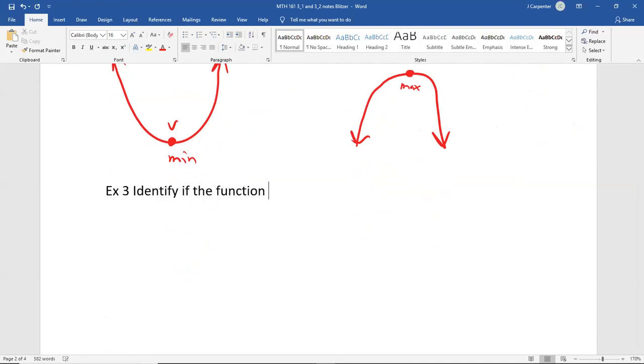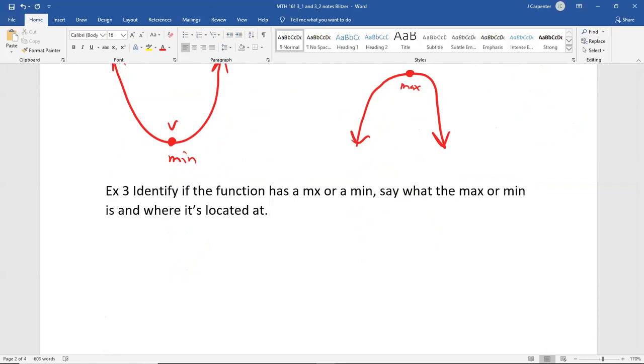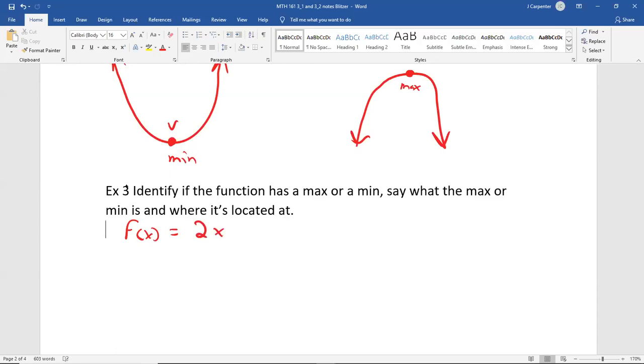If the function has a max or a min, then say what the max or min is and where it's located at. And we're going to do the function f of x equals 2x squared minus 16x plus 30.